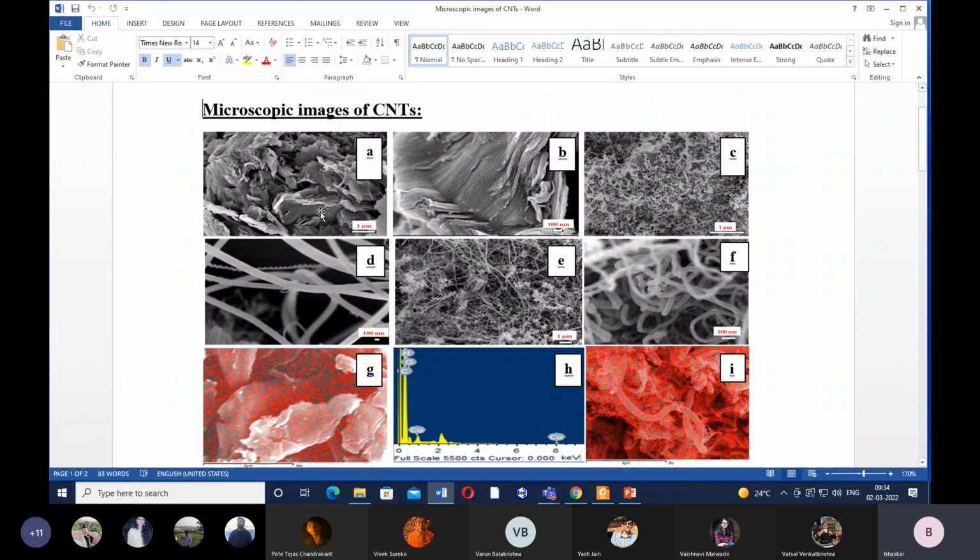This is the low magnification and this is the high magnification image of graphite. So this is how the graphite, if I take a certain amount of graphite powder and put it under the microscope, this is how the morphology will look. Here you can see flake type of morphology.